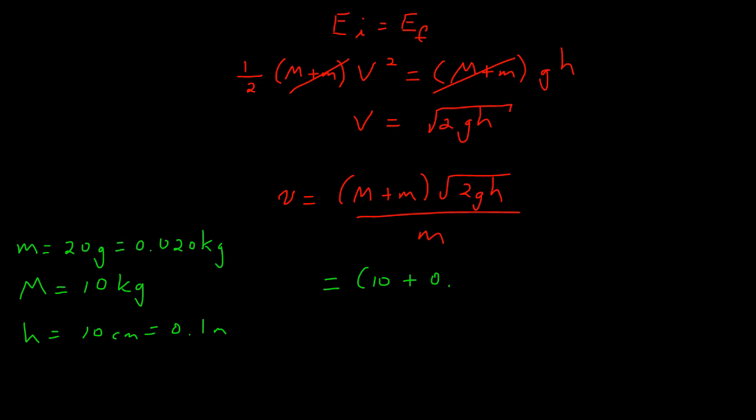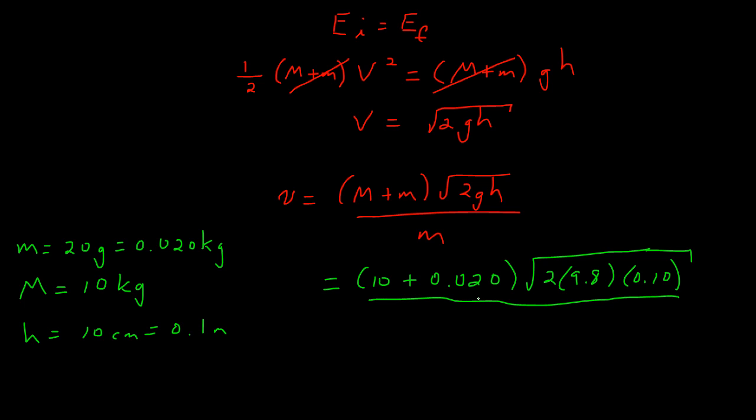So 10 plus 0.020 times the square root of 2, and I'm going to use 9.8 for my g, height 0.1. Let me close this square root so I always forget. And over the initial mass.